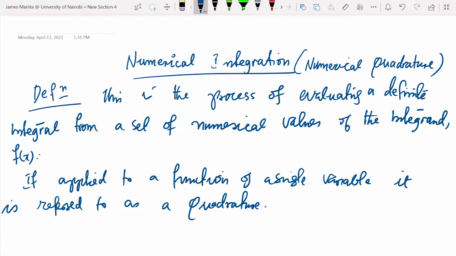So this calls for the process of numerical integration. And if this function f of x is a single variable function, and the process is applied to it, then we will be talking about it as a quadrature.